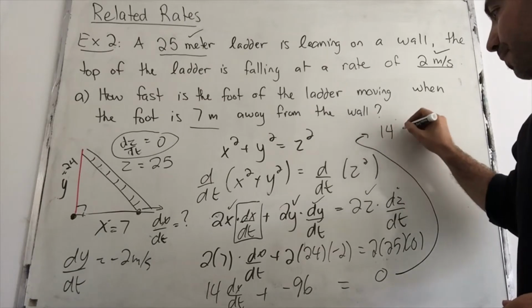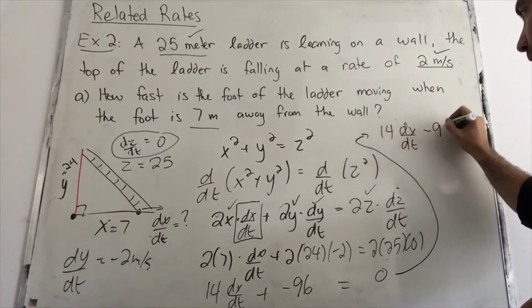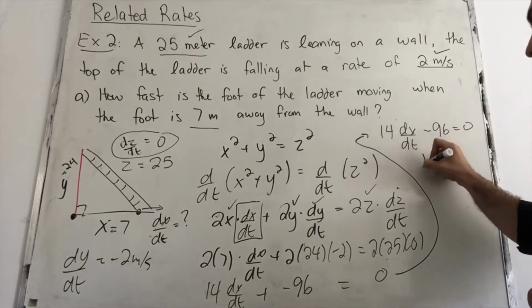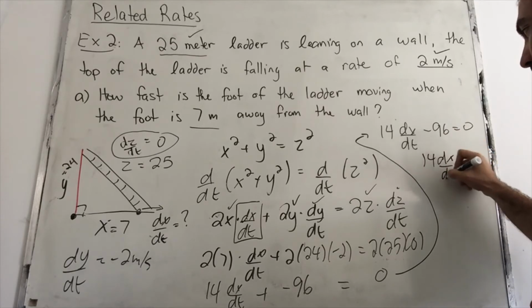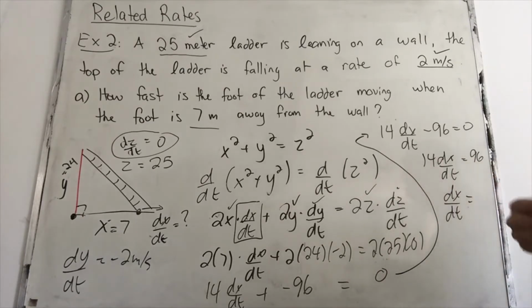So 14 dx dt minus 96 equals 0. We bring the -96 over, we get 14 dx dt is equal to 96, and dividing by 14 on both sides gives us dx dt equals 96 divided by 14.